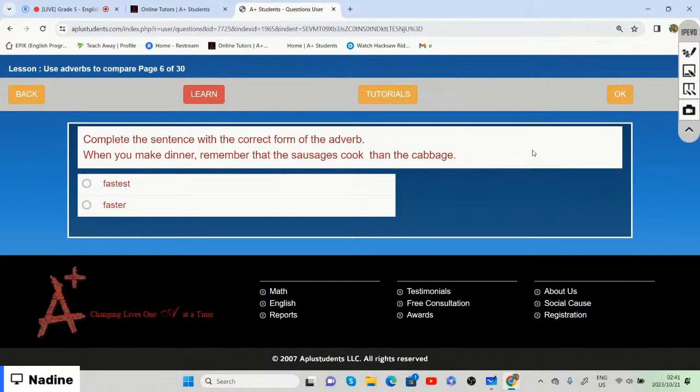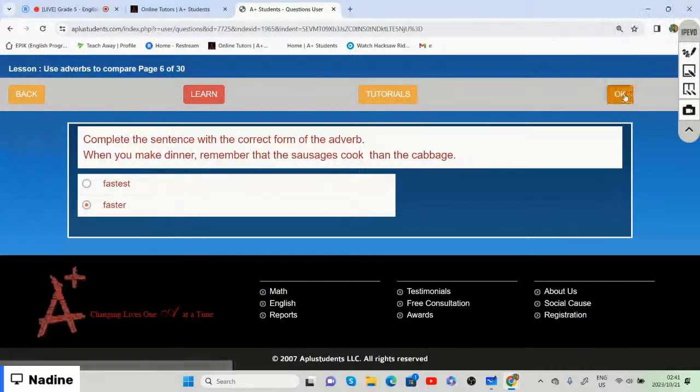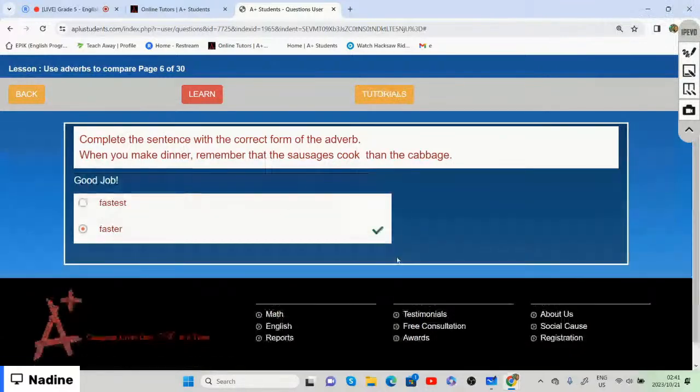Fastest or faster. Yes, so it's faster. So faster. All right.